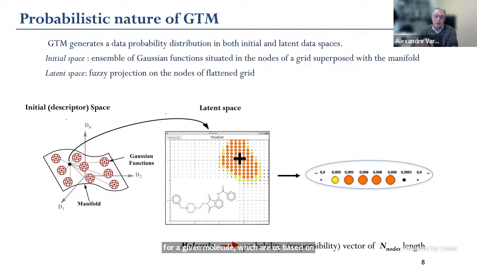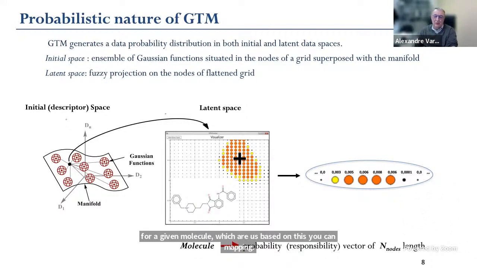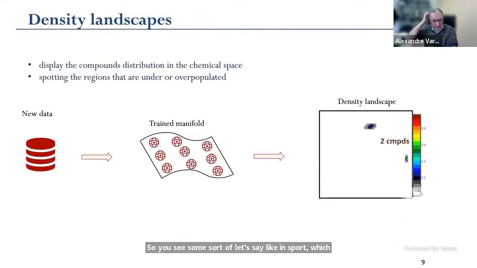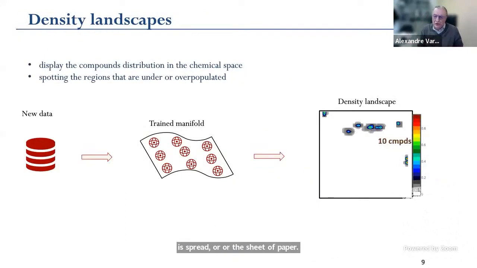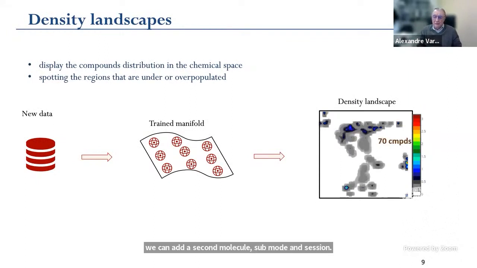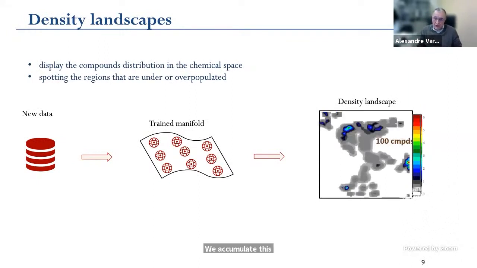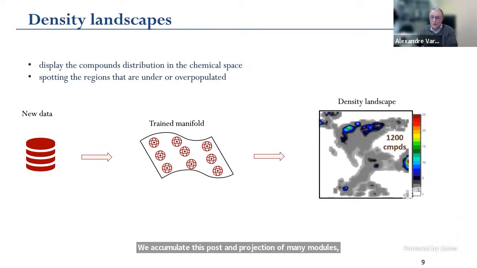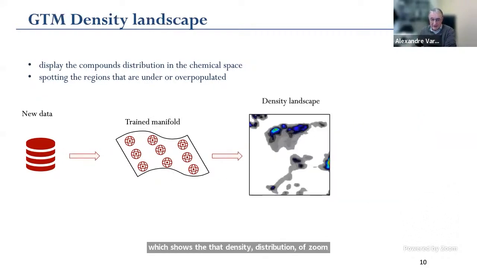So you see some sort of, let's say, ink spot which is spread over a sheet of paper. But then we can add a second molecule, a third molecule, and in such a way accumulate these spots. And projection of many molecules gives us the so-called density landscape, which shows the density distribution of the molecules in the chemical space.